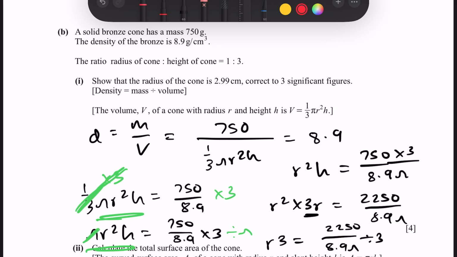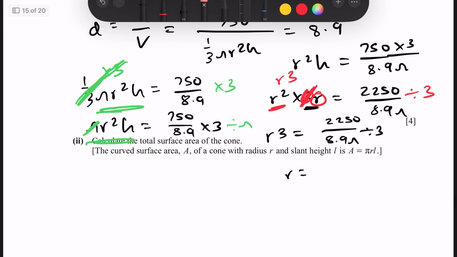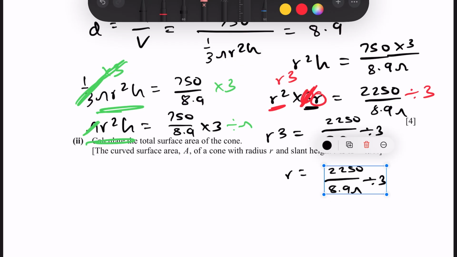Since, as you can see, this r square and this r multiply to produce r cube, while 3 can then be divided from the right hand side to remove 3 as a coefficient of r in the left hand side. Therefore r would be equal to this thing over here, but cube rooted, and this rounded is equal to 2.99.